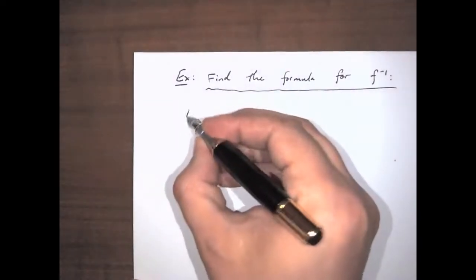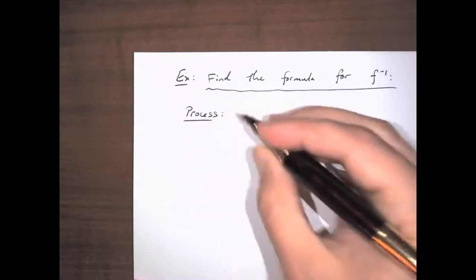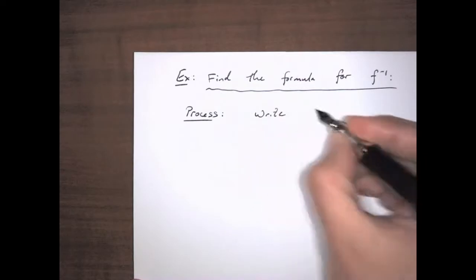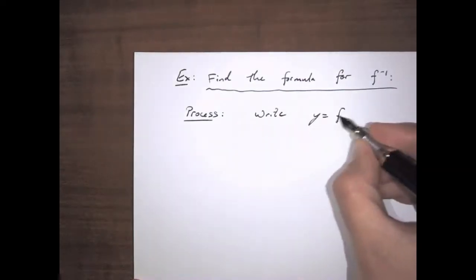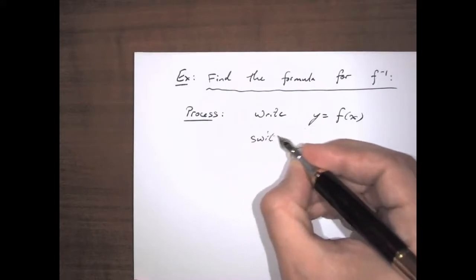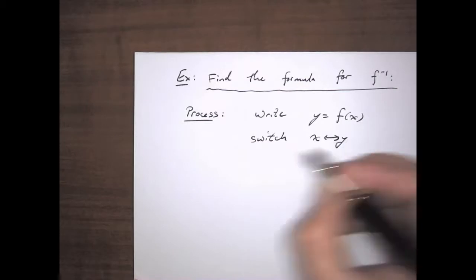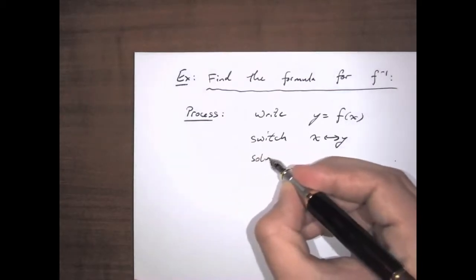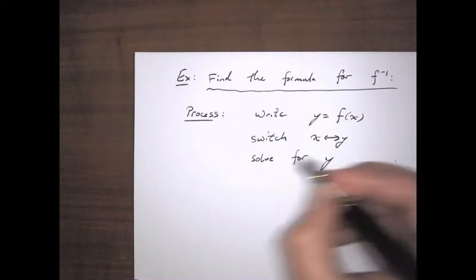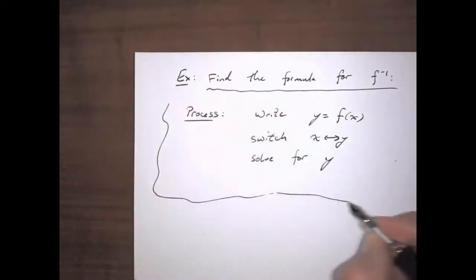So here's the process. y equals f of x. Switch x and y around. Then solve for y. So this is the process that we'll be employing.